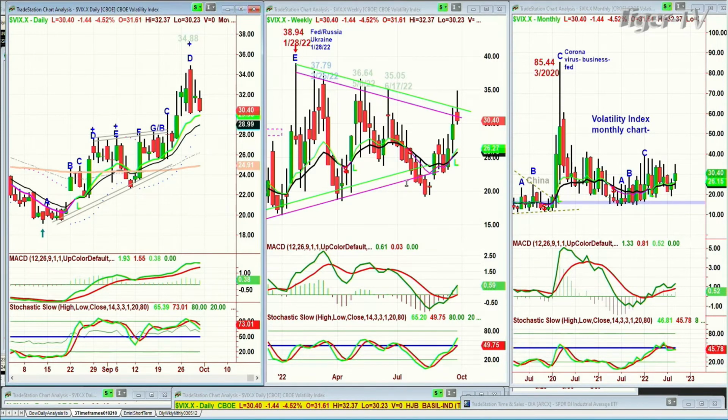It comes back down. This time it holds very nicely above this propellant zone and pops to the exact trend line at 35.05, week of the 17th of June.